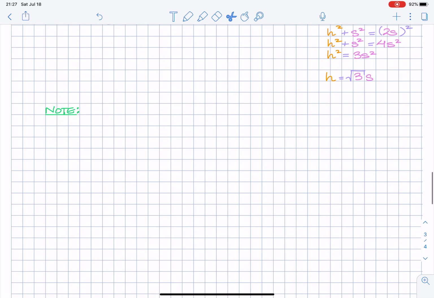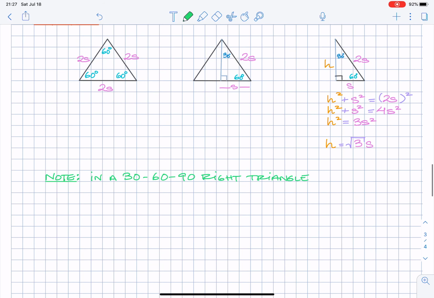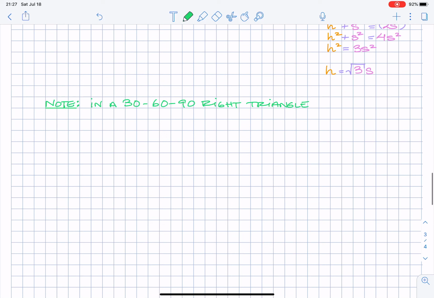Okay, so note in a 30-60-90 right triangle, the ratio of short side to long side, so here that would be the base to the height to the hypotenuse.